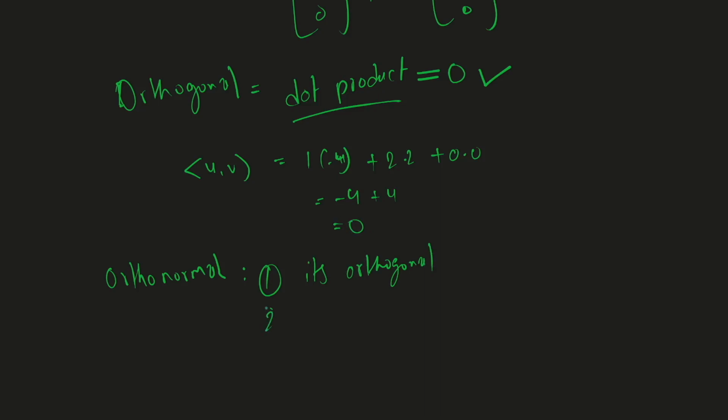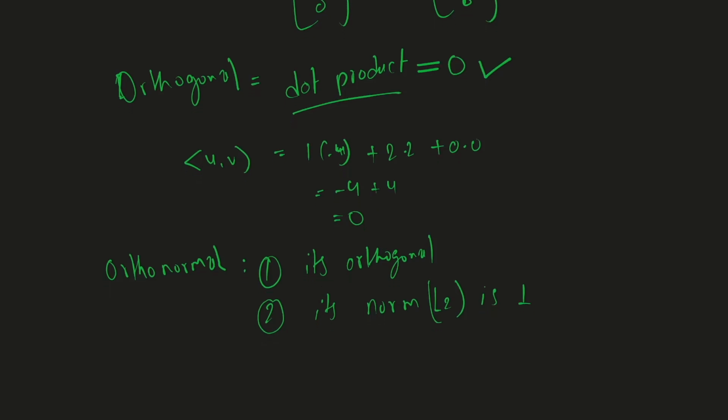And number two is its norm, which is this L2 norm, is 1. So if its norm is 1 and if it fulfills the quality of orthogonal, then it is said to be orthonormal in nature. Since it already fulfilled the orthogonal quality, let's see about their norm.